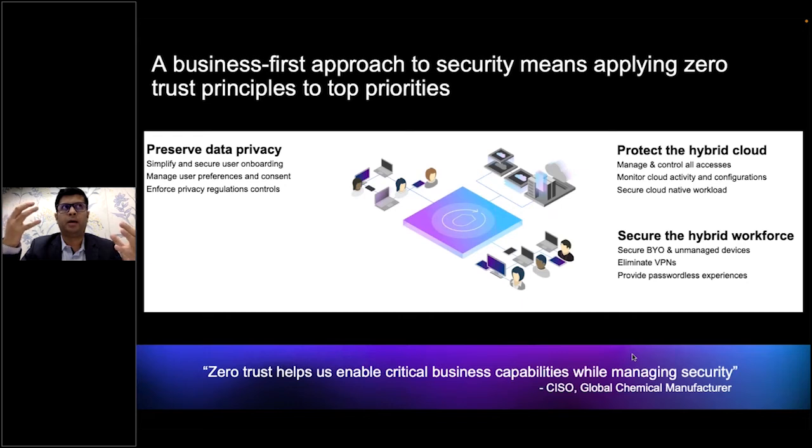And typically, as part of this hybrid workforce, one of the important initiatives that organizations started taking 2 years back when the pandemic struck us was business continuity planning, right? That was the topmost priority, because we were not ready for it, right? We never expected that so many people would work remotely.